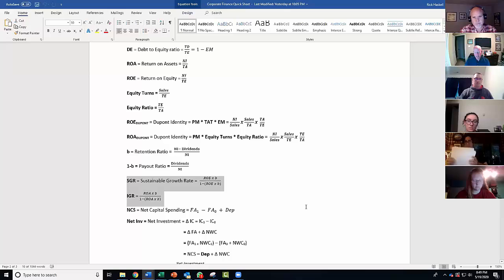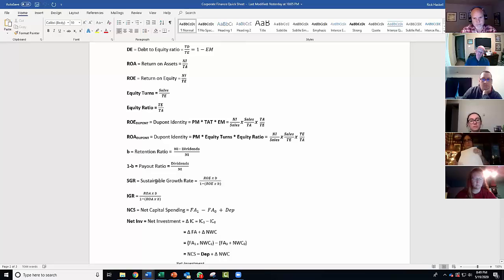Let me explain them briefly. A few of you asked about this last night, but let me explain them briefly. The sustainable growth rate uses the company's return on equity. And return on equity is net income divided by total equity. And it interacts that return on the company's equity with B, or the retention ratio, which is net income minus dividends divided by net income. And you'll recognize that net income minus dividends is the same thing as retained earnings.